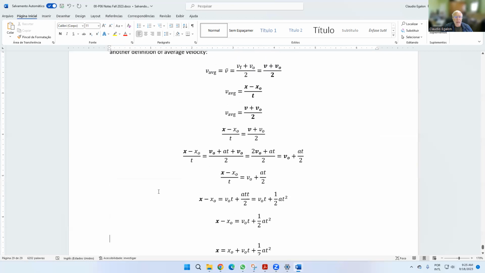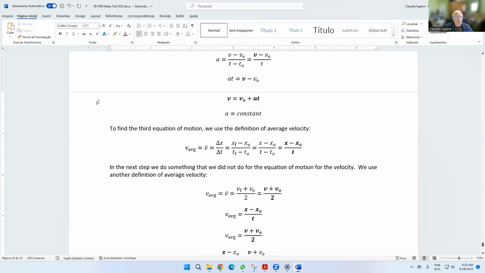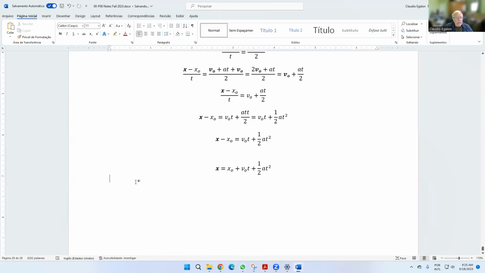Let's copy everything that we had before. We get those other two equations that we need. Those are the three equations of motion.